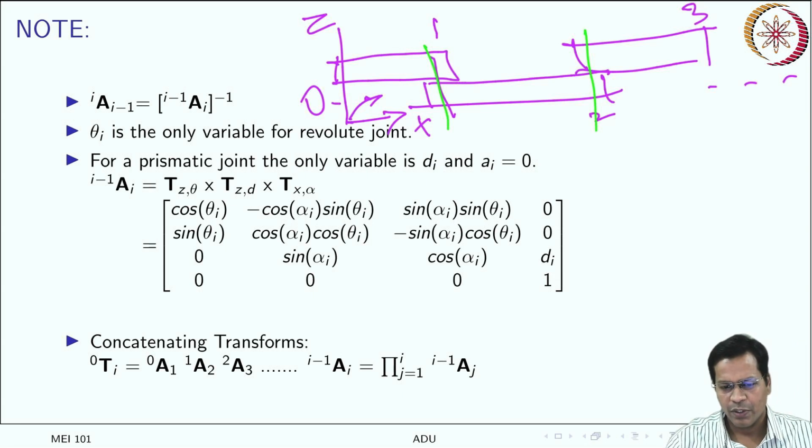So if it is link 1, it is 0 to 1; for link 2 it takes you to 2, it starts from 1; for the third link it takes you to 3, it starts from 2, likewise.